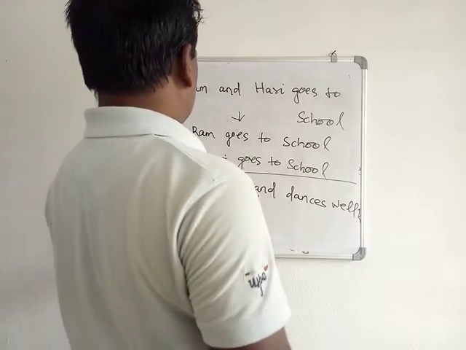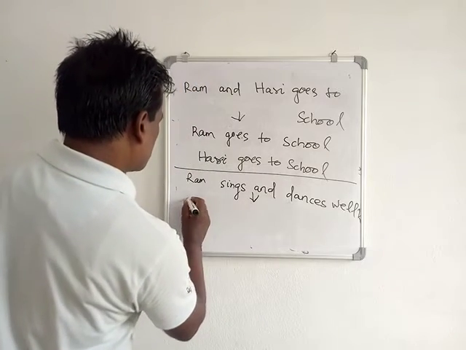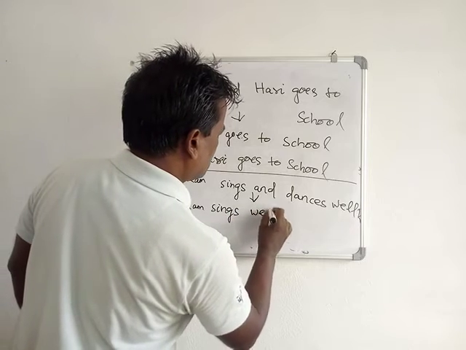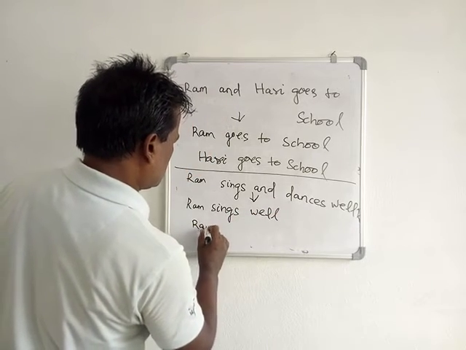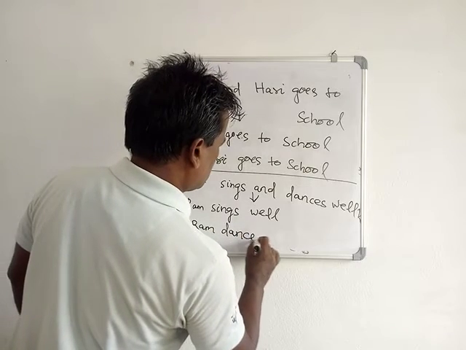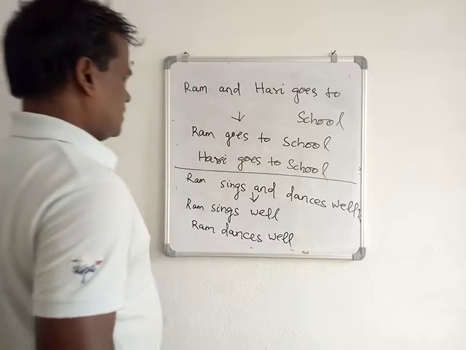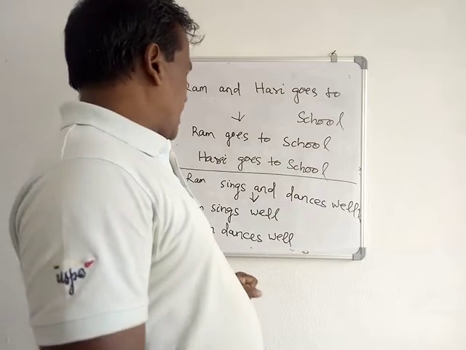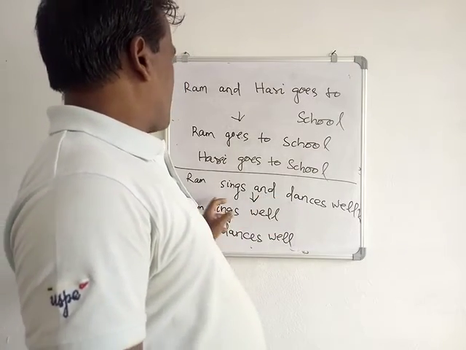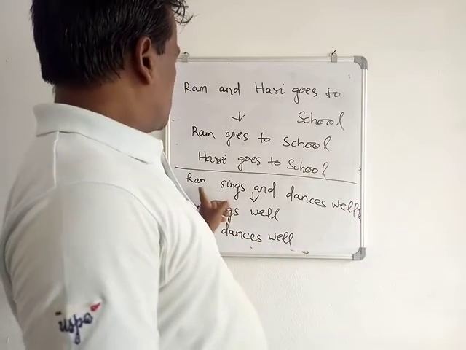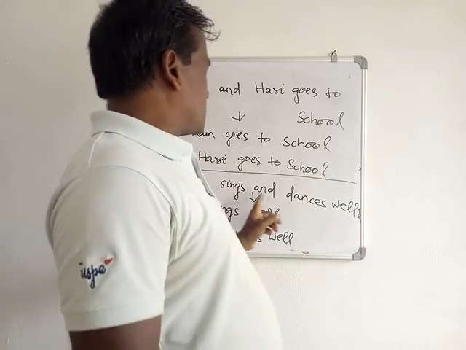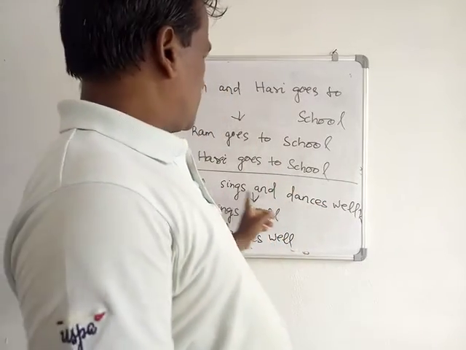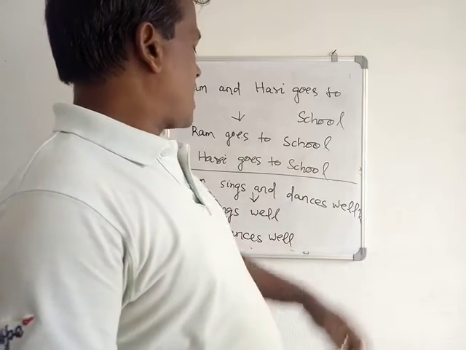Here one subject, two verbs. This leads to Rama sings well. Similarly, Rama dances well. There are two clauses, Rama sings well and Rama dances well. The two clauses unitedly form the expression Rama sings and dances well. That means the expression consists of two clauses. As it consists of two clauses, it is also a sentence.